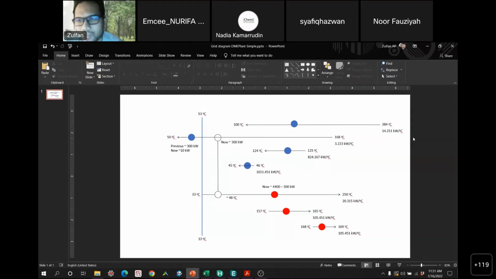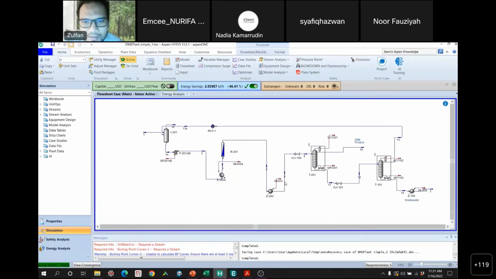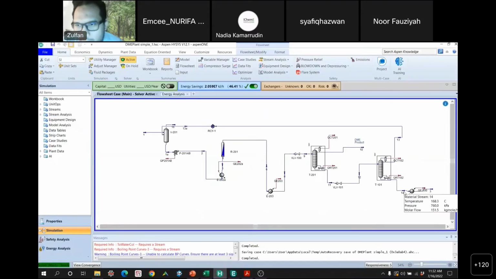But if we see, this stream is basically the stream that needs to be cooled anyway, and this is at a higher temperature, much higher than 68. So this 168 is, oh, this guy, see, 168 until 50. That's the guy. If we look at the process, it's more preferred to use up this energy first, and then if there is something remaining, we'll use the heater.